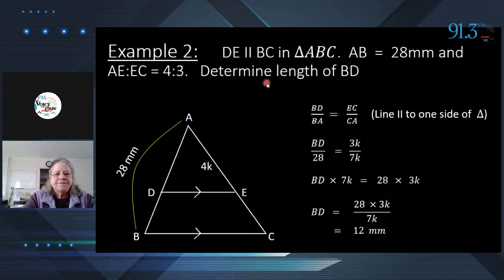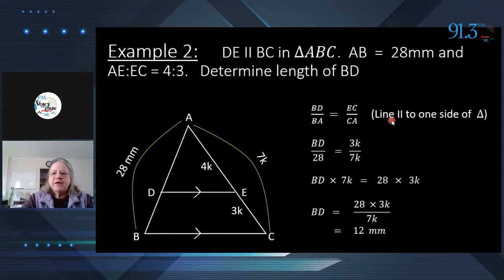Okay, so AE is 4K and EC is 3K. So that is how we would put the ratio onto our picture. And then it's important to know that we can add it up. So 4K plus 3K gives us 7K. So AC is 7K.